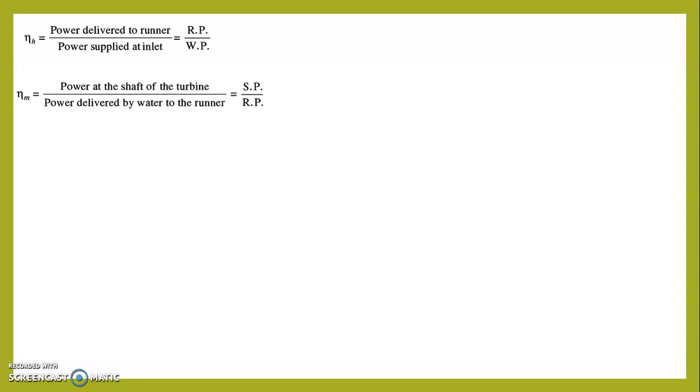And the efficiency between the power obtained by the generator and the power given to the generator, that is the runner power, is called mechanical efficiency, or we can write shaft power by runner power will be the mechanical efficiency.